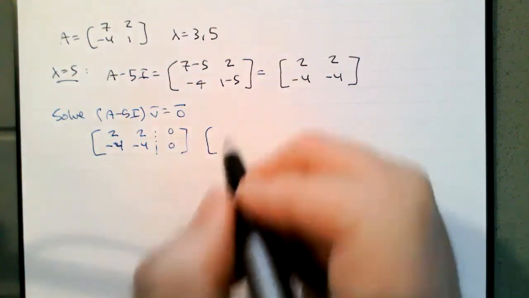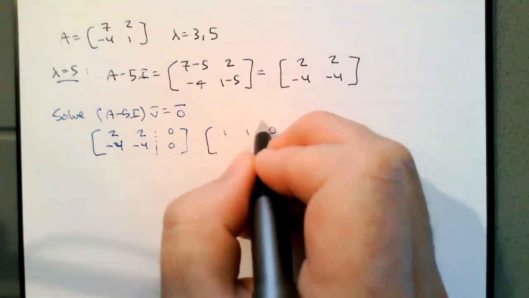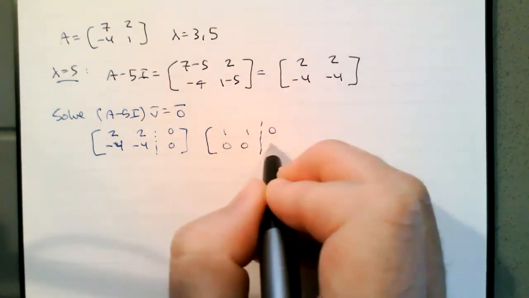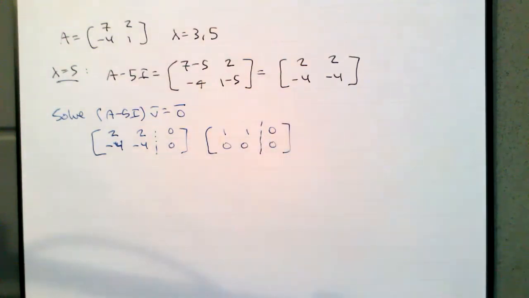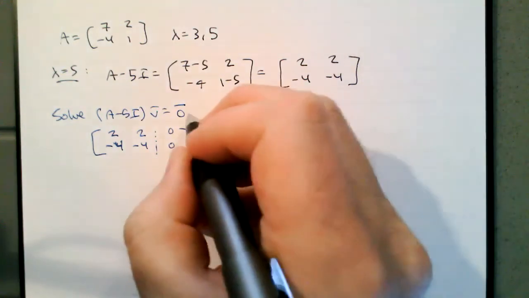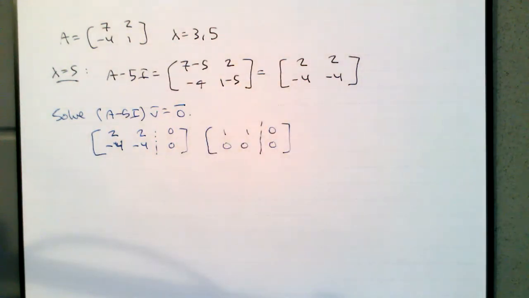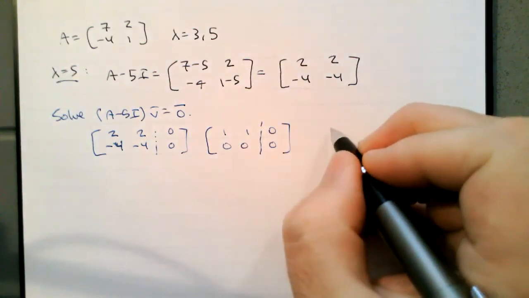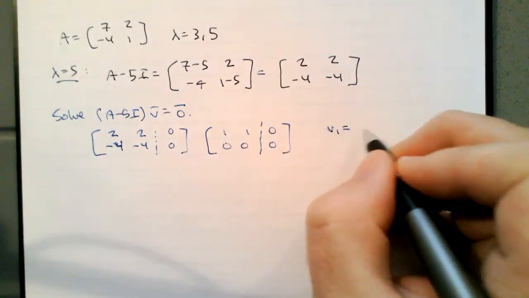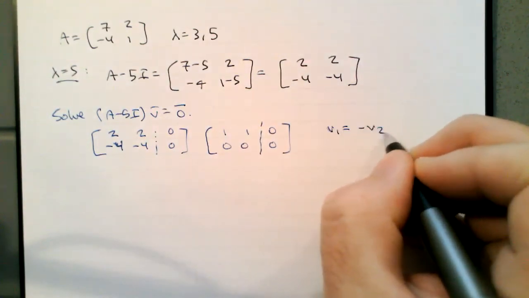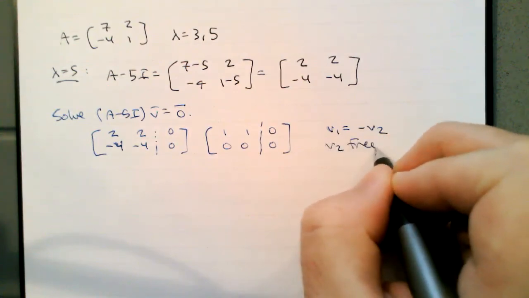And we can see how this is going to go right away. We're going to have 1, 1, 0 across the top, and we'll be able to cancel out the second row. We knew that was going to happen because we knew we could not have a pivot in every column, because these vectors had to be linearly dependent. Otherwise, we wouldn't have a non-trivial solution to the homogeneous equation. So in this case, we'd say v1 is equal to -v2, and v2 is free.